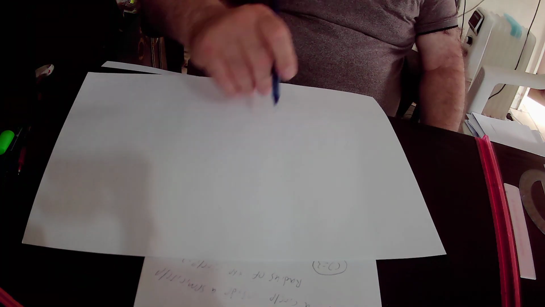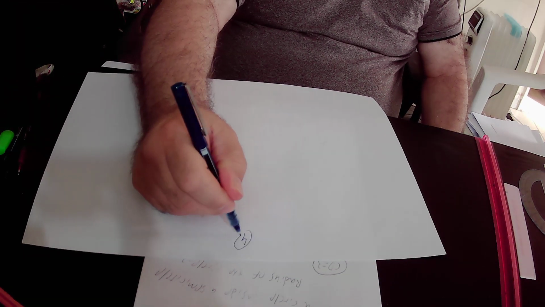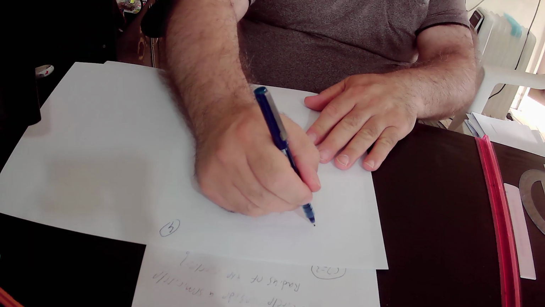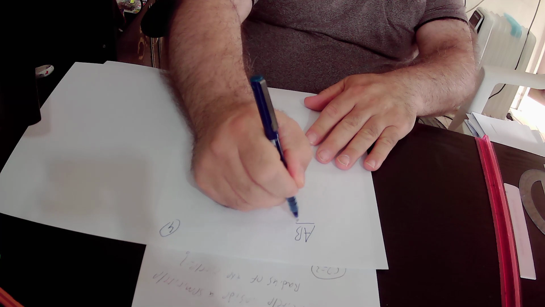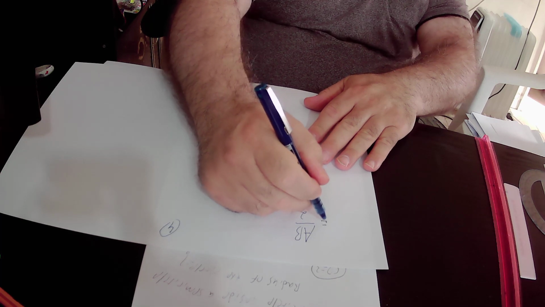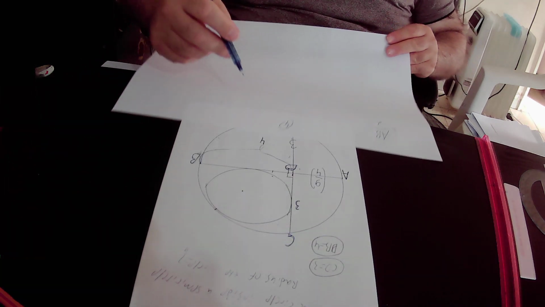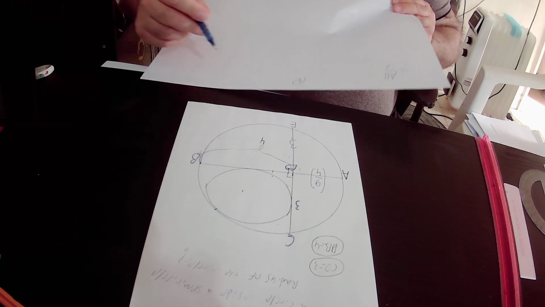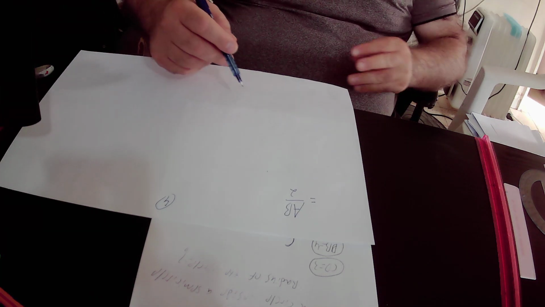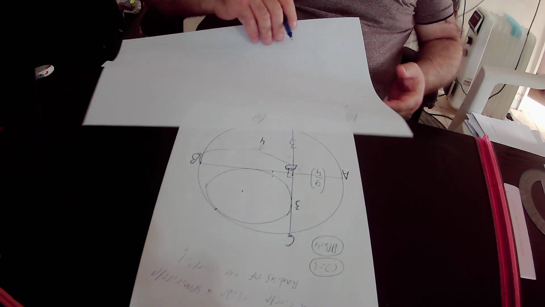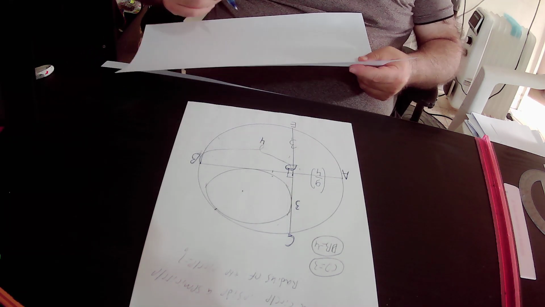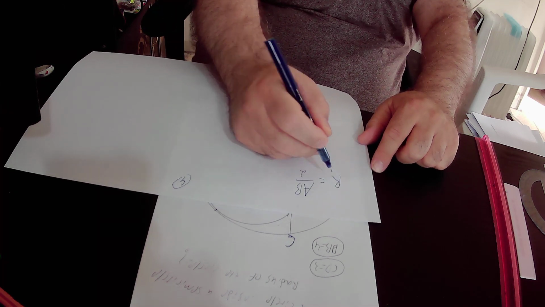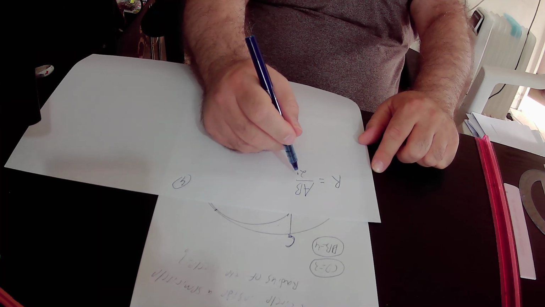If we divide the diameter AB by 2, we get the radius of this semicircle and the circle itself. So we define the radius as capital R, and we get that capital R equals AB, the diameter, over 2.